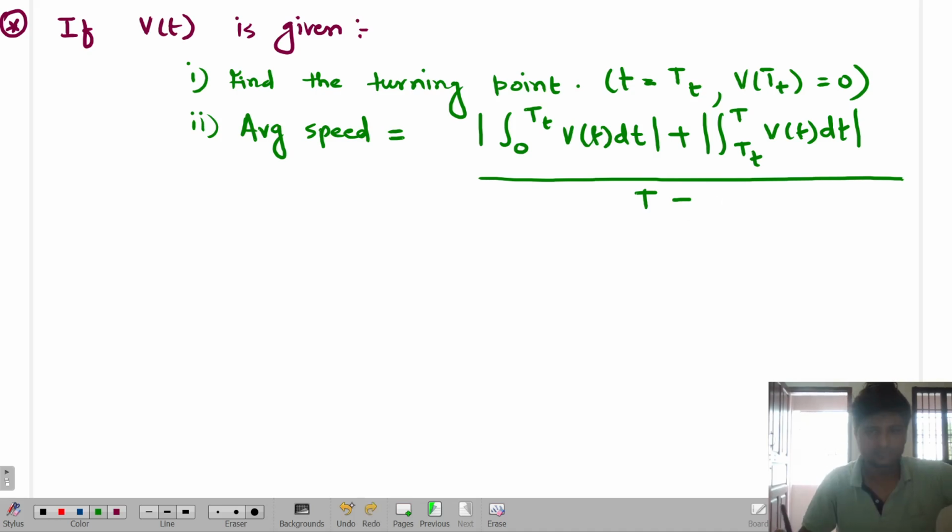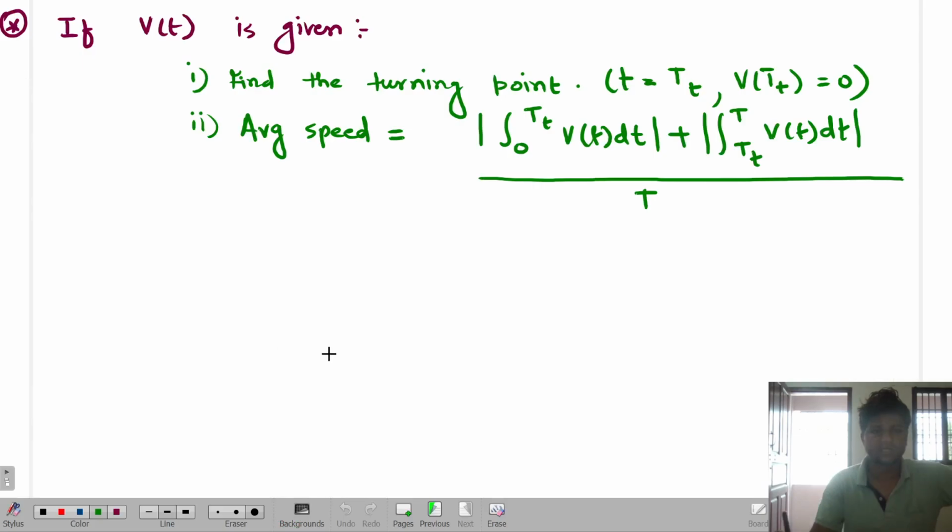So you'll consider t, although it is t final minus t initial. Is it clear? So we got to know what happens if the velocity is given. We can find the average velocity, average speed, instantaneous speed, displacement, and position in a very easy way. Right or not? Everyone clear? Yes, sir.